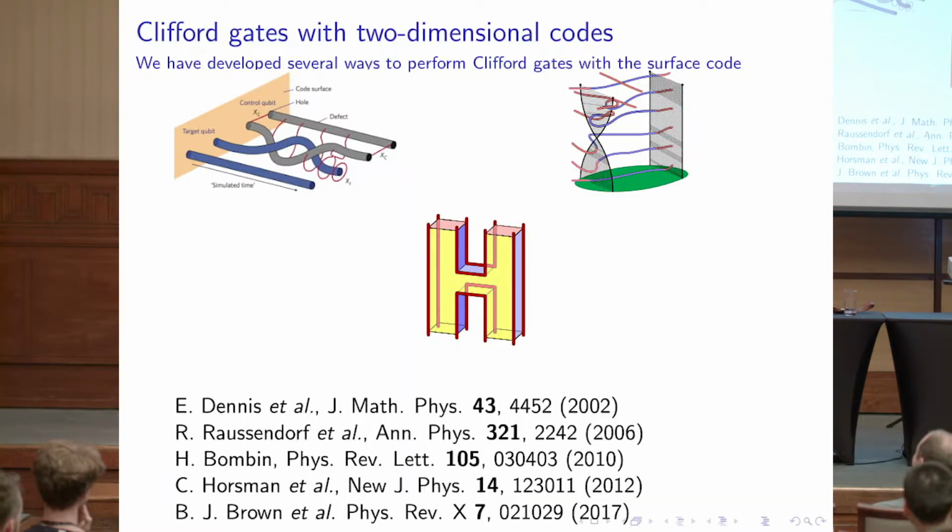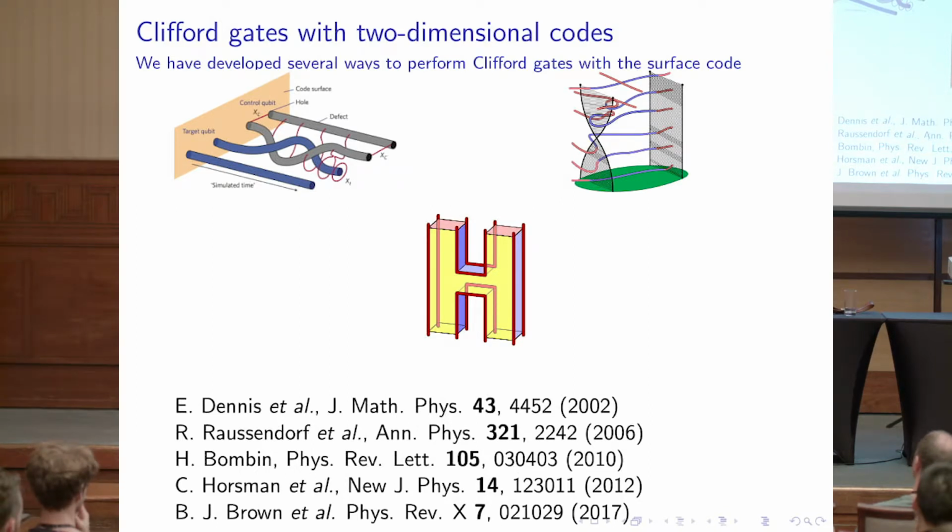So last QEC in Maryland in 2017, I gave a talk really unifying all of these twists and lattice surgery and puncture braiding. You can read about that here in this paper, or I think you can find the talk online. And with the Clifford gates, that's enough. If we have some noisy state injection, we can do magic state distillation.